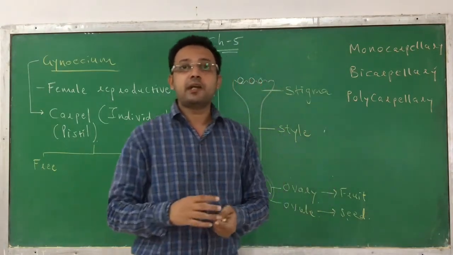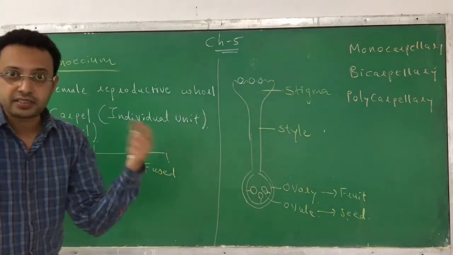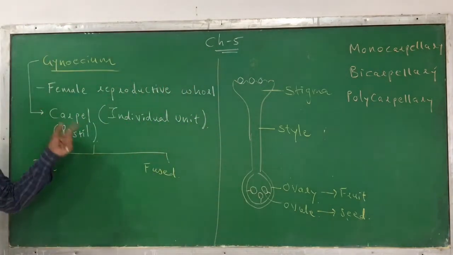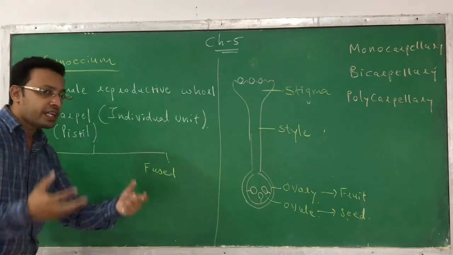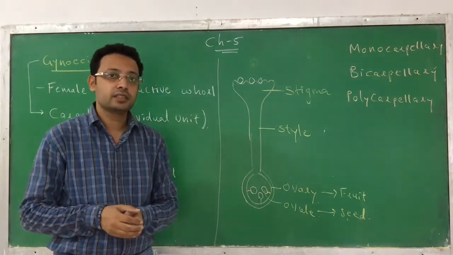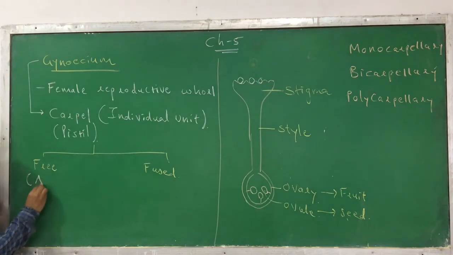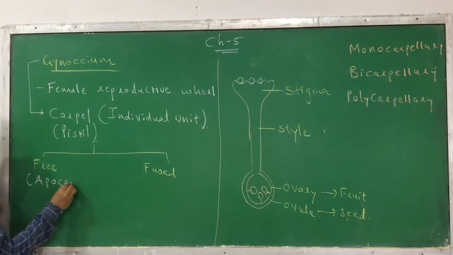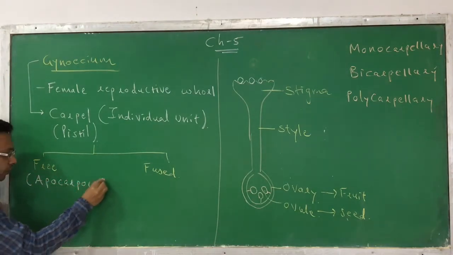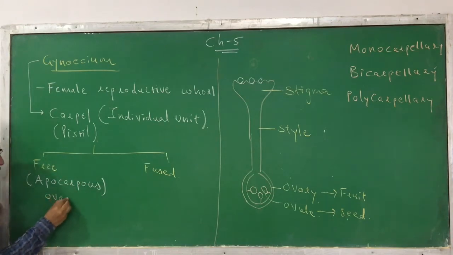When many carpels are present, either they are free, that means separated, or they are fused, that means attached. If they are separated, what kind of ovary is that? If all the carpels are free, then we call it an apocarpous ovary.